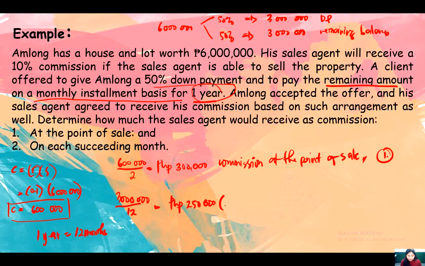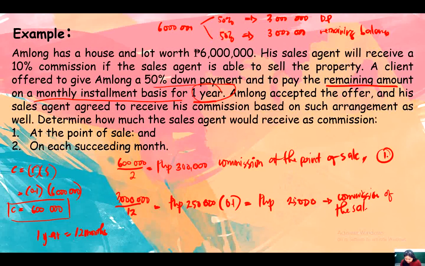Okay? So now, let's get the 10% commission ng sales agent ni Long. So we have to multiply this to 0.1 and we are going to have 25,000 pesos. This is the commission of the sales agent. Okay, let me rewrite this.